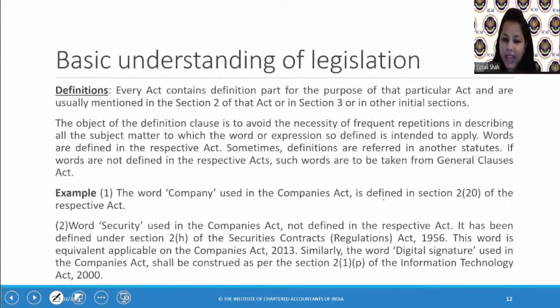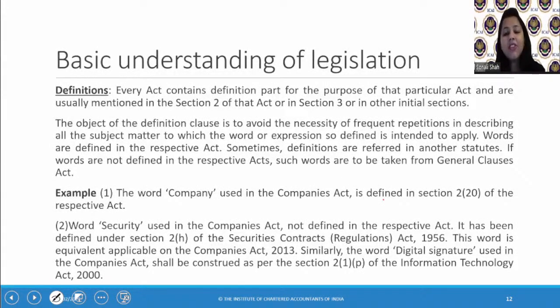However, sometimes we get to see there is cross-referencing also. In the Companies Act itself, you would have seen that the Companies Act refers to the Securities Contract Regulation Act for the meaning of the word security. It refers to the Information Technology Act for the meaning of the word digital signature. So it is permitted to cross-refer to a legislation for the definition of a particular word.